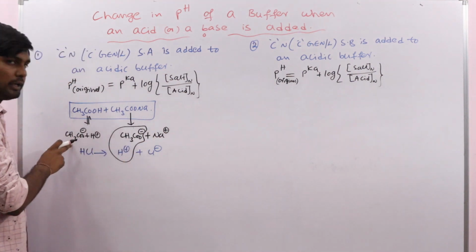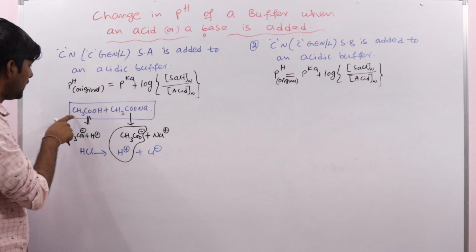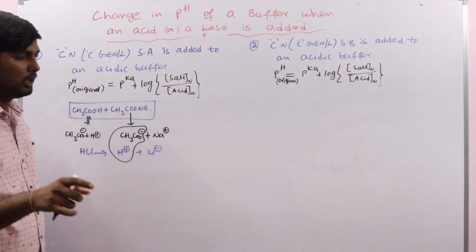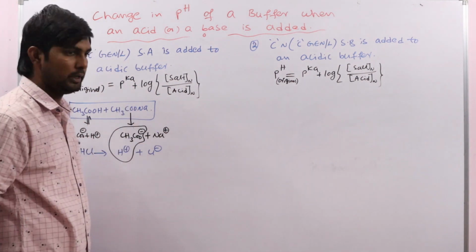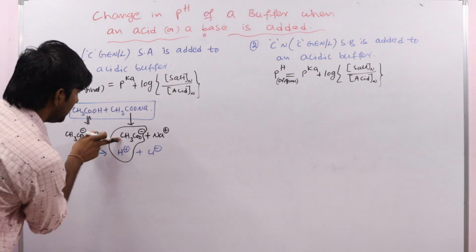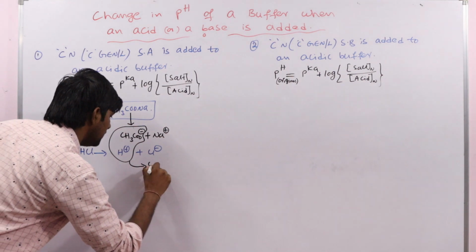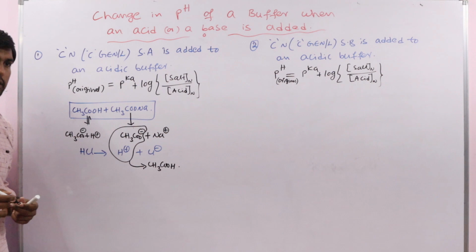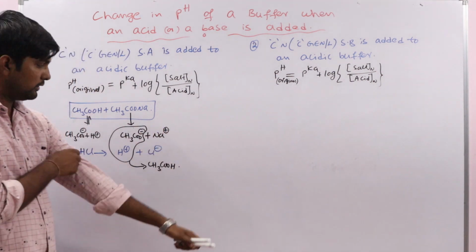The acetate ion contribution from the acid is negligible, as we already discussed, because of the common ion effect, it is almost undissociated. So majorly the acetate ion contribution is from the salt only. The acetate ion of the salt reacts with H plus to form CH3COOH, yes or no? Which is nothing but a weak acid.